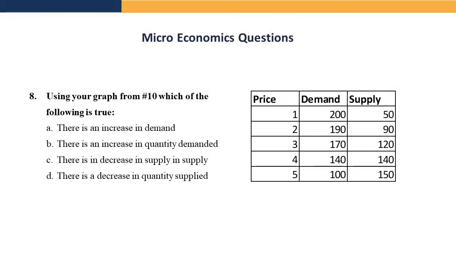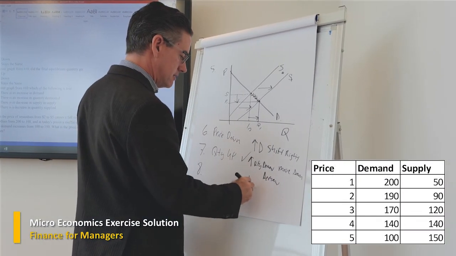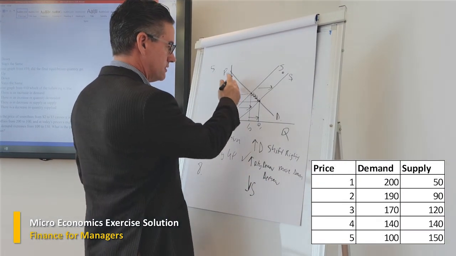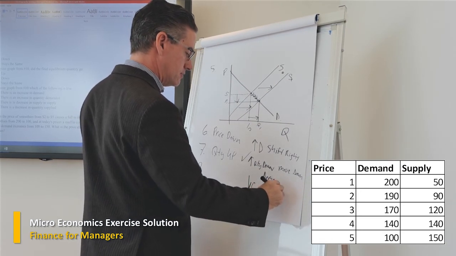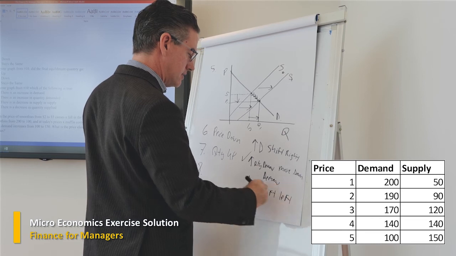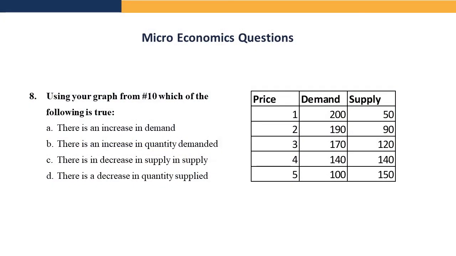The next one says there's a decrease in supply. No, because a decrease in supply is going to shift the curve to the left, and we did not shift left, we shifted right. So this one is wrong. And the final one, there's a decrease in quantity supplied.